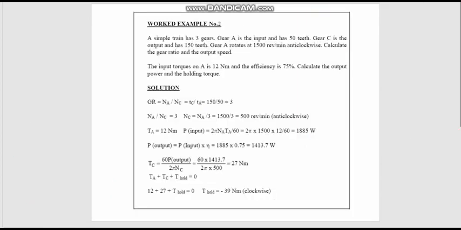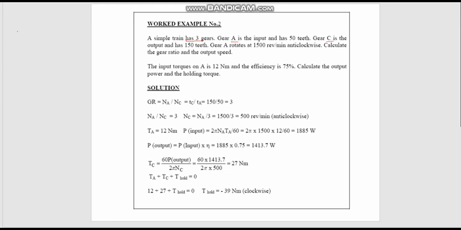Okay, let's look at an example of the simple train system. A simple train system has three gears. Gear A is the input with 50 teeth. Gear C is the output with 150 teeth, and gear A rotates at 1,500 RPM anti-clockwise. Calculate the gear ratio and the output speed. So let's sketch it first.